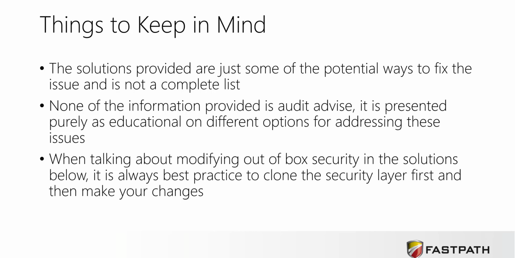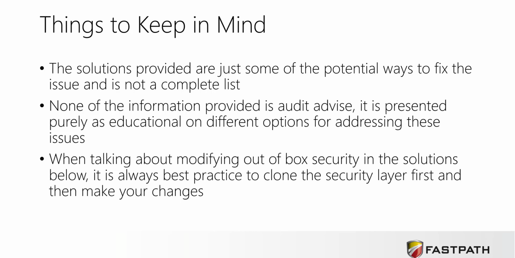And then when we're talking about modifying security as we get into these solutions, it's always best practice to clone your security layer first and then make your changes. As I go through this, I may make changes to the out-of-the-box security just for sake of time, but it's always best practice to clone those and then to make your changes there.